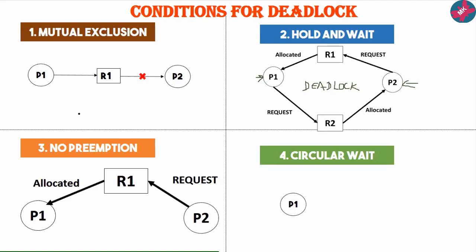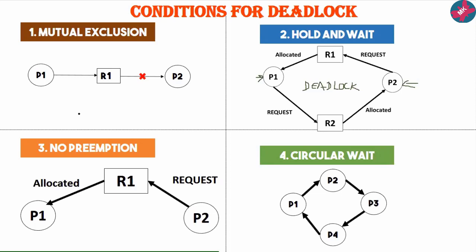Now the last one, circular wait. Suppose in the particular system, P1 wants a resource being held by the process P2 and P2 is waiting for a resource held by the process P3.